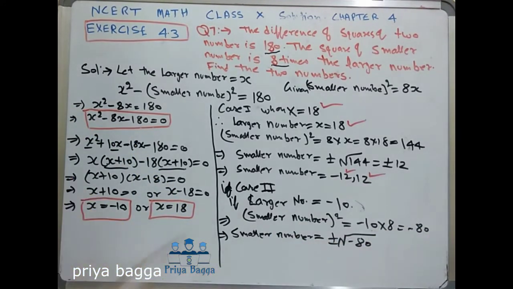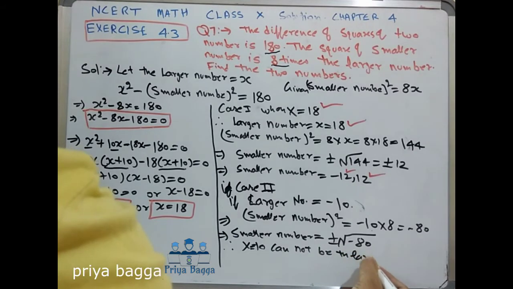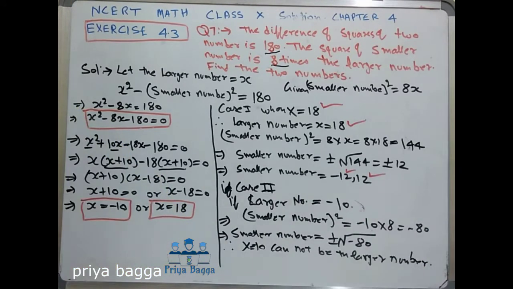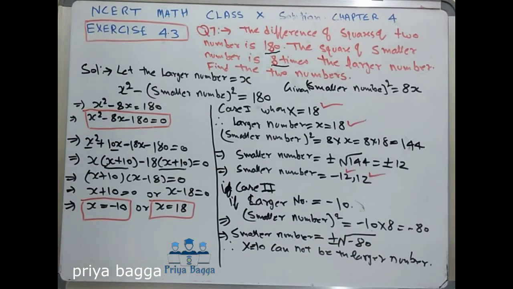Now you cannot take the square root of a negative number, so therefore x is equal to minus 10 cannot be the larger number. That is why you cannot take x is equal to minus 10. You have to take x is equal to 18, because you cannot take the square root of a negative number.